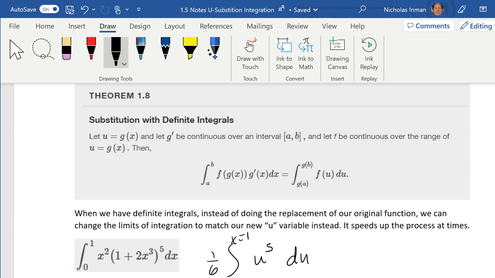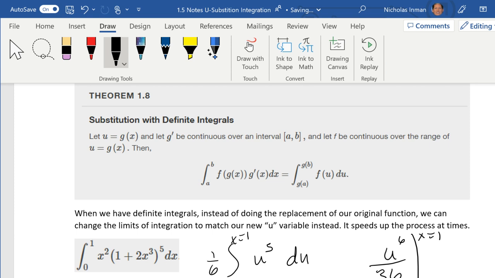So you have one of 2 choices. You can write that x equals 0 and x equals 1. You can do your integration, u to the 6th over 6 times 1/6. So 36 on the bottom. Okay. And we're doing this, it's a definite integral, so I can put that line there of x equals 0 and x equals 1.